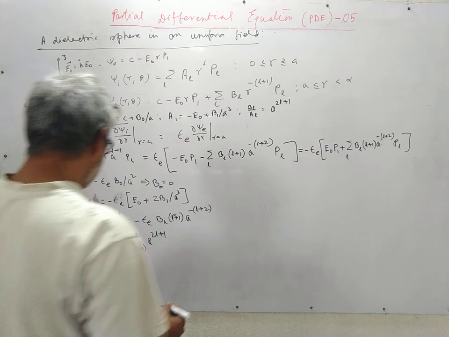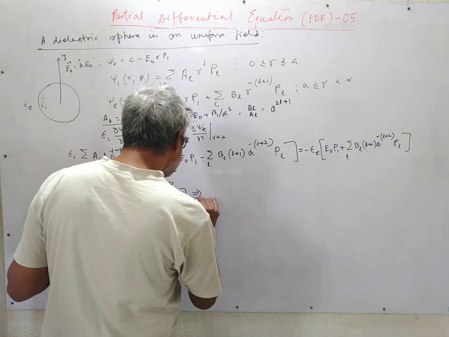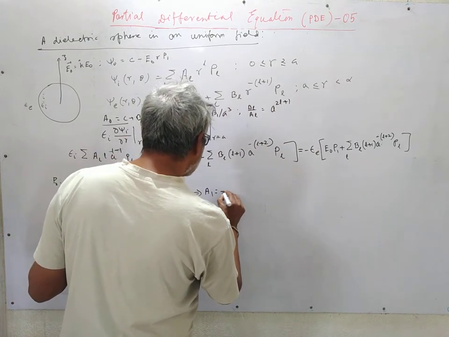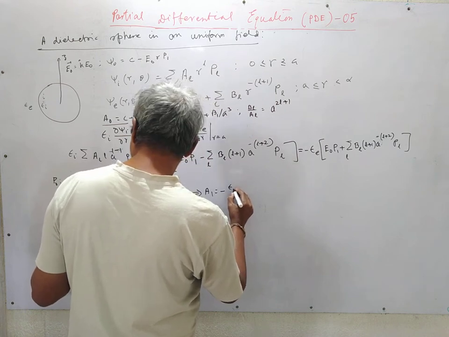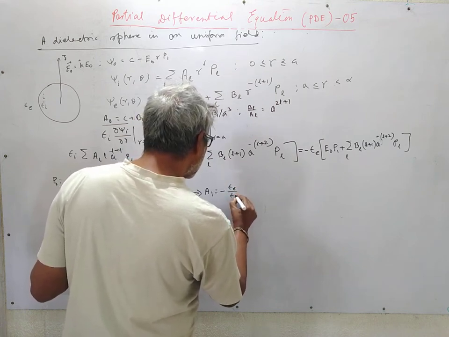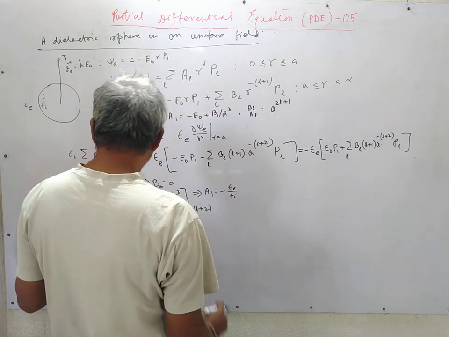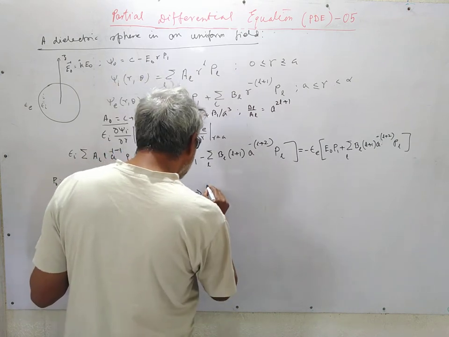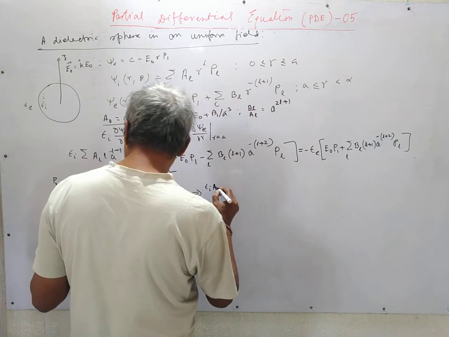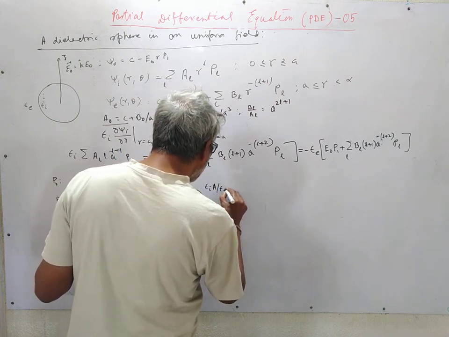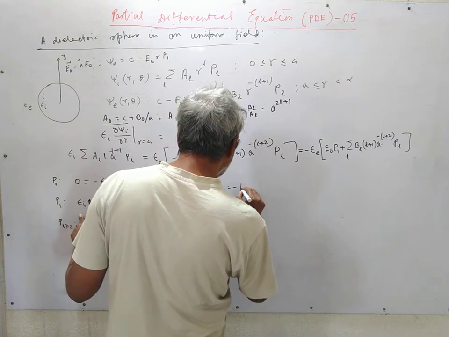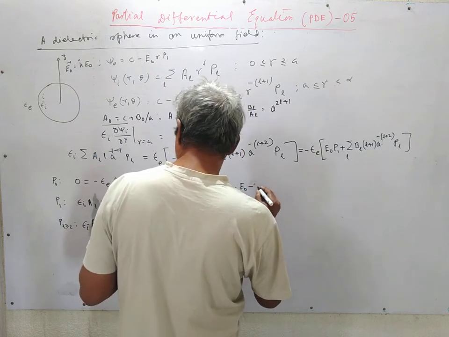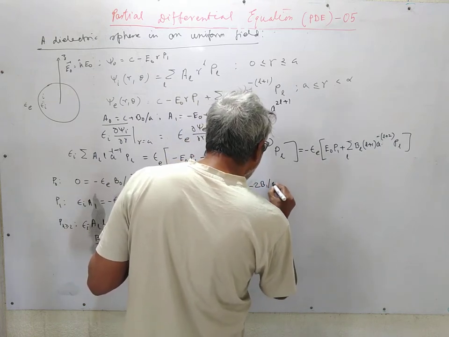And this relation can be written as A1 is equal to minus epsilon E by epsilon I, or rather we write minus E0 minus twice B1 by A cube.